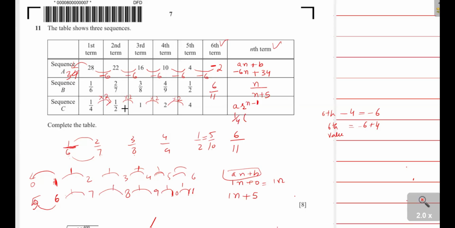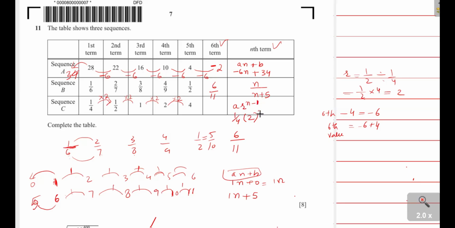The common ratio: when you divide two consecutive terms, the second term by the first term, you get the answer. This is equal to 1 over 2 into 4, equal to 2. Therefore, 2 is the common ratio. This constant value is the common ratio. You can write this value directly also.